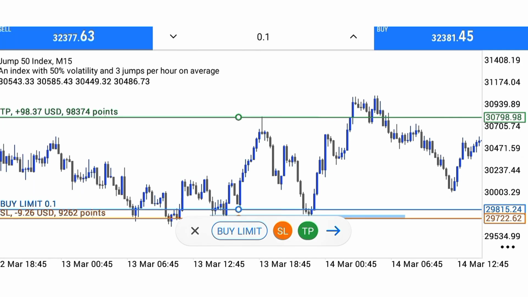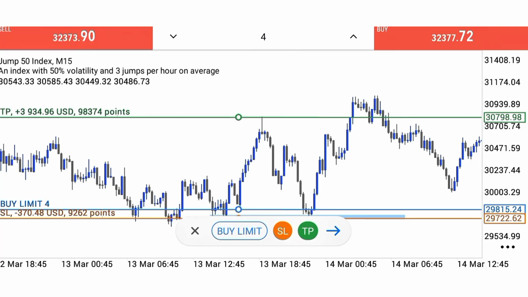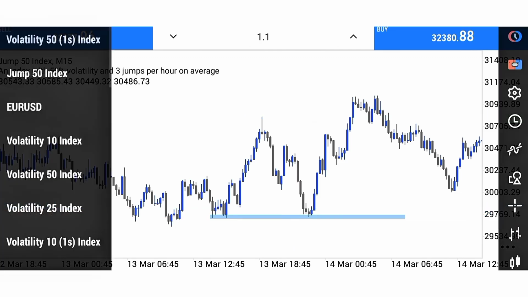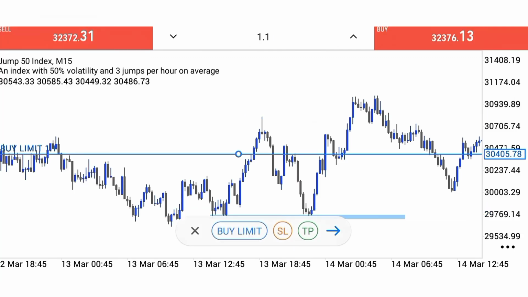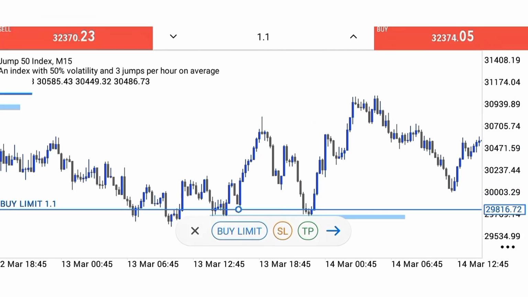Let's imagine you risked $100. Well, let's say 1.1 ish. Stop loss below it.